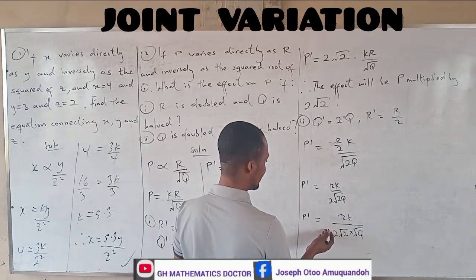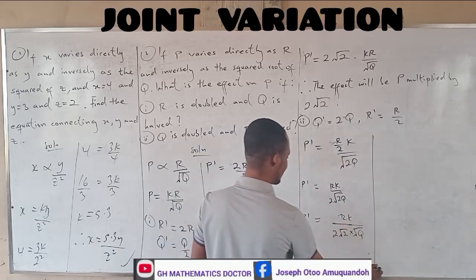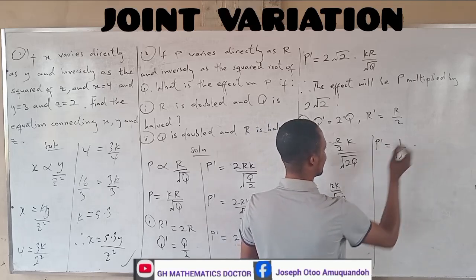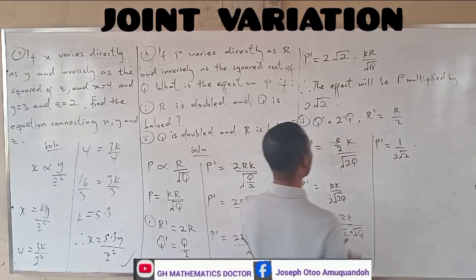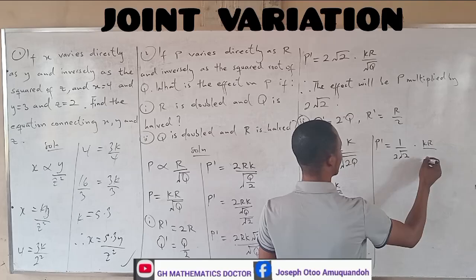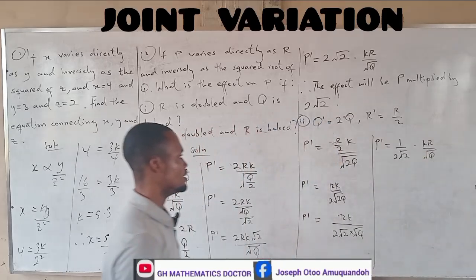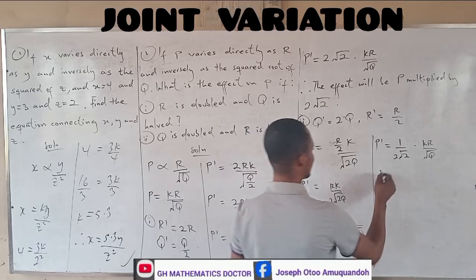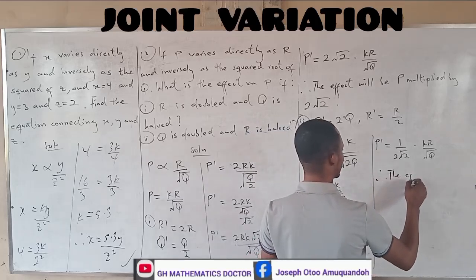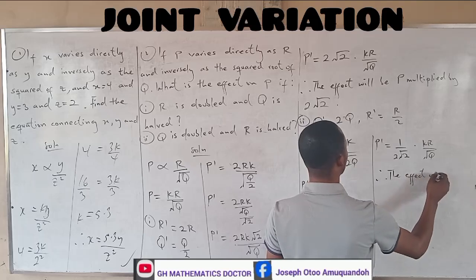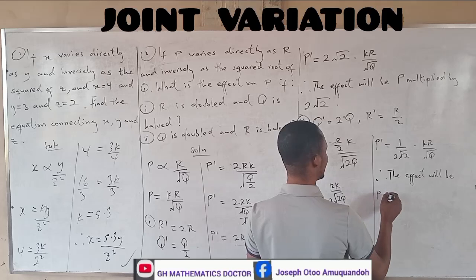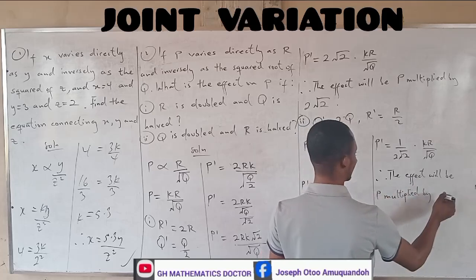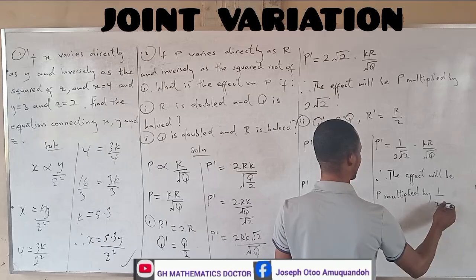And this will be simplified as P prime equal to 1 over 2 root 2 multiplied with the original relation, that is KR over root Q. And the effect is 1 over 2 root 2. So you can say that, therefore, the effect will be P multiplied by 1 over 2 root 2.